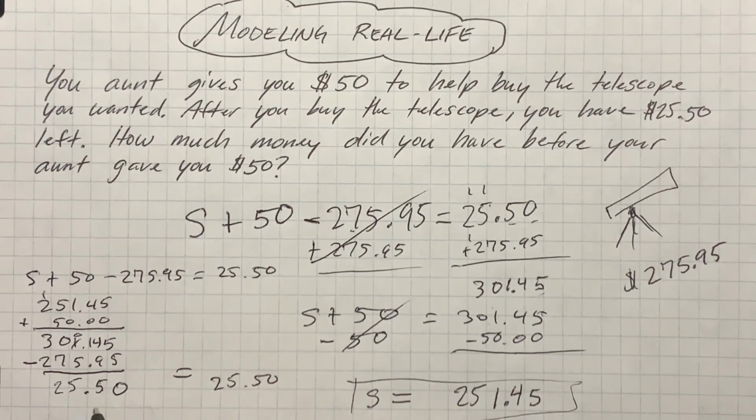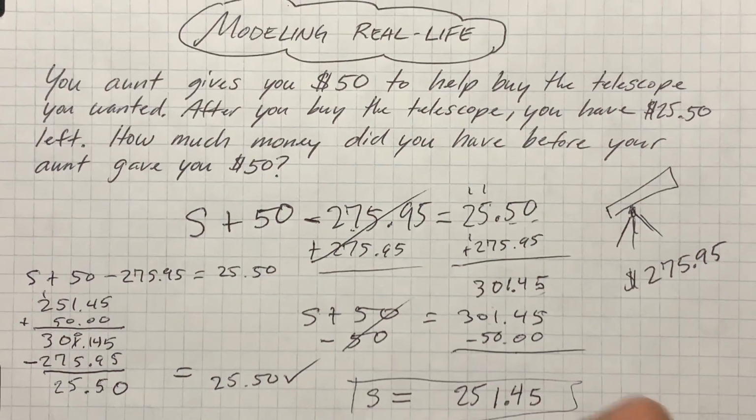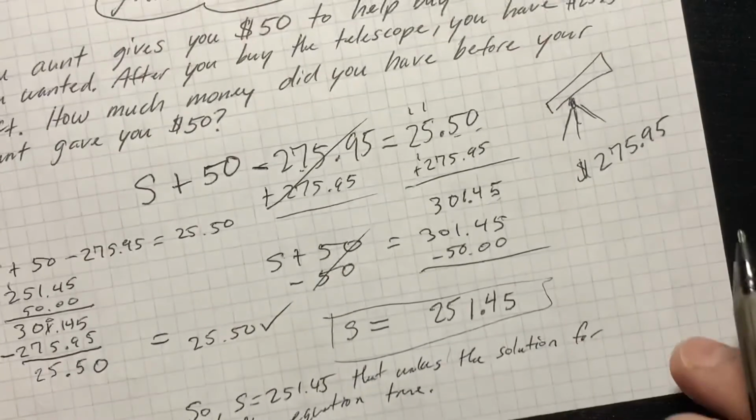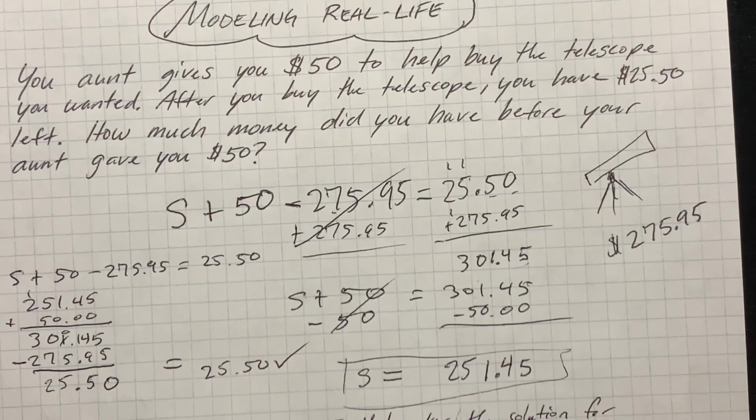So $25.50 matches $25.50. So that checks. So when S equals $251.45, that makes the solution for the equation true.